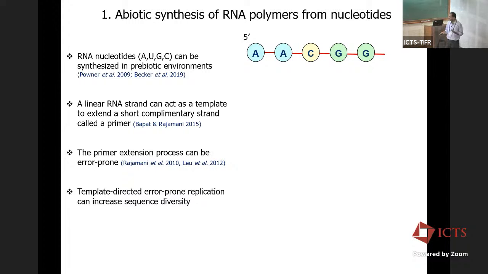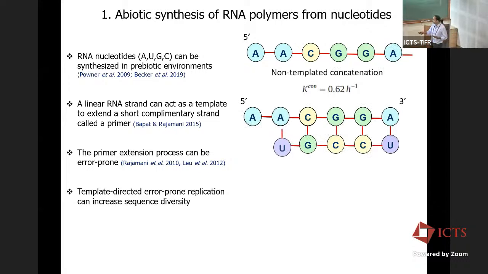But another mechanism which is found to be useful is called template-directed replication. And here you have a template of nucleotides already produced, and then nucleotides can add across the different monomer, the nucleotides that make up the template. So this is called a primer.